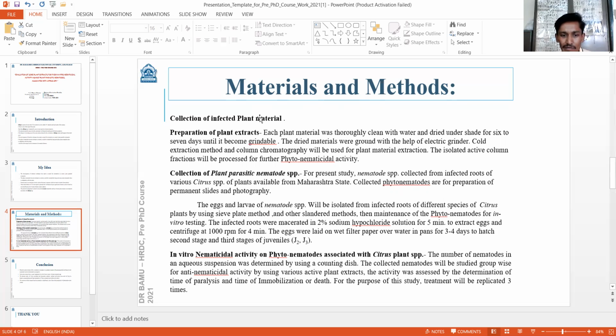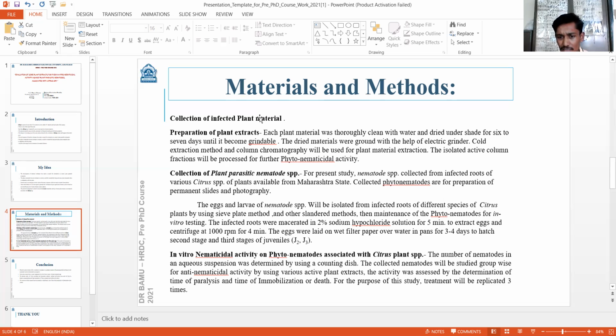Then comes the in vitro nematicidal activity on phytonematodes associated with citrus plants. The number of nematodes in an aqueous suspension was determined by using a counting dish. Then the collected nematodes will be studied group wise for nematicidal activity by using various active plant extracts.